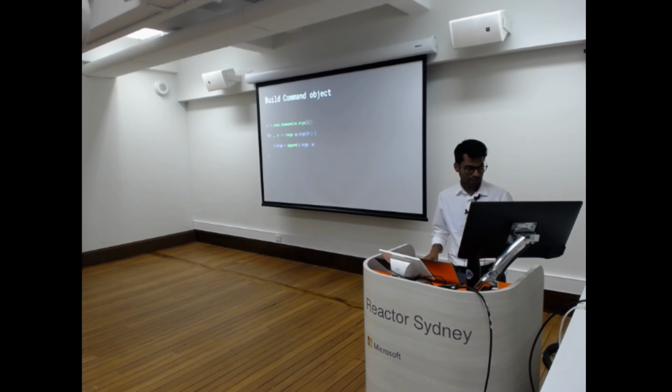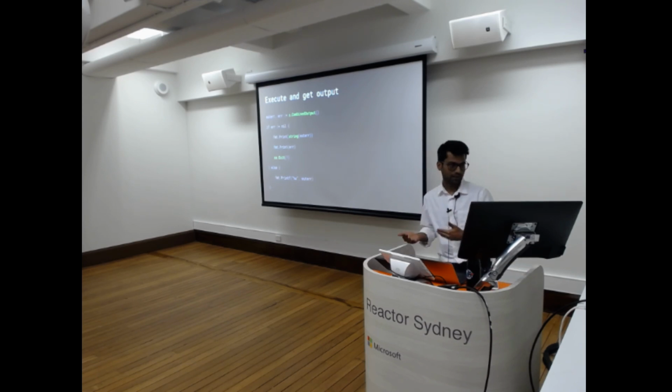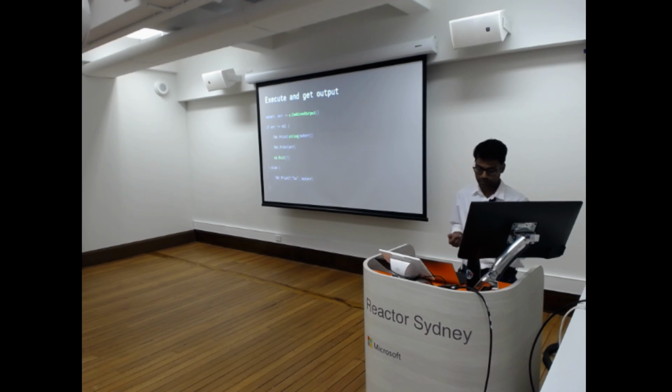So we have constructed the command object and given it the arguments that you want to execute with. Then we call this function called CombinedOutput, which gives us the standard out and error combined. It returns 2 values: one is the combined output and error, and the second is the error value itself.